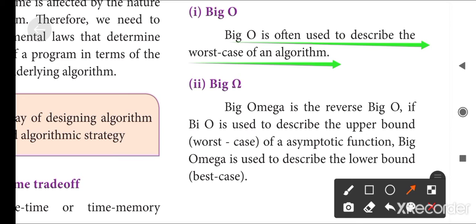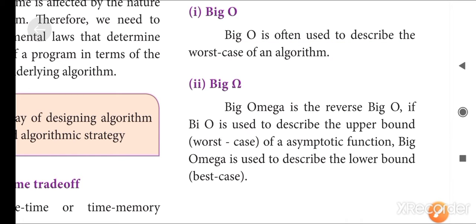Worst case is nothing but an upper bound. If we have a particular algorithm, the starting point is the upper bound, and the stop point, the final point, is the lower bound. Worst case is nothing but an upper bound.